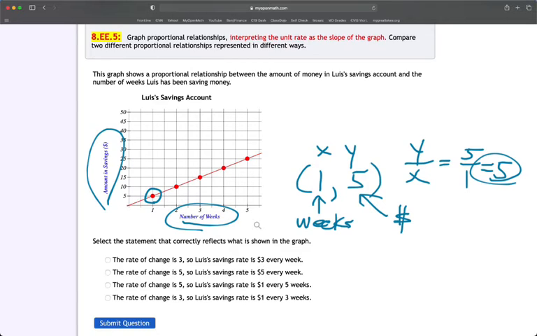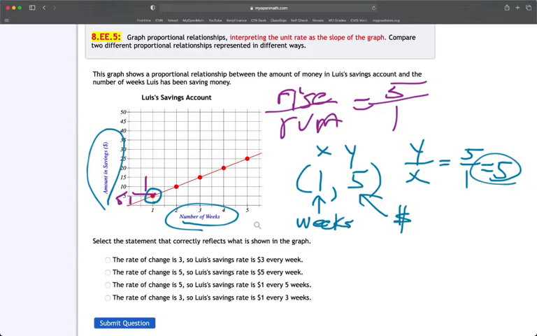From the origin, we would be rising 5 right there and running 1. And remember, slope is typically rise over run. We rose 5 and we ran 1.